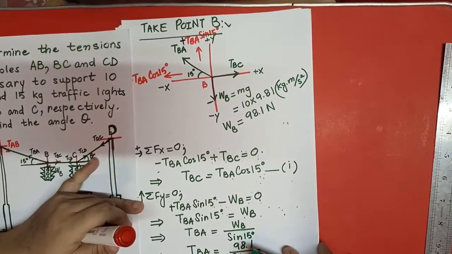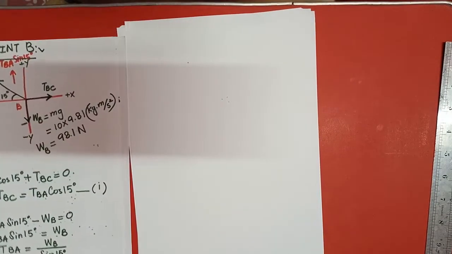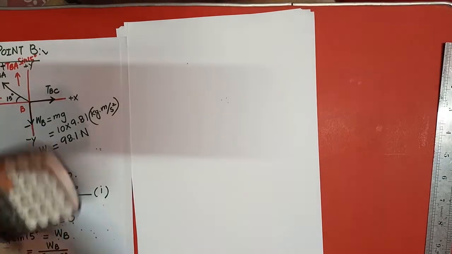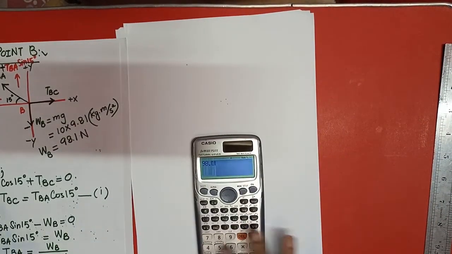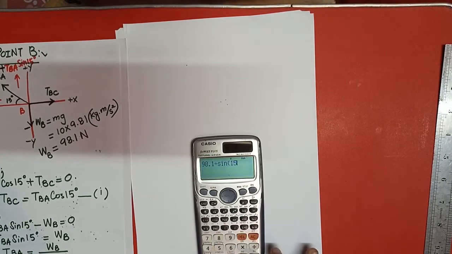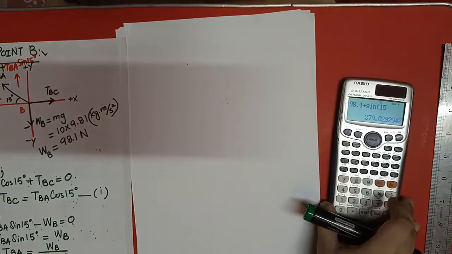So I have to solve it and calculate the value of TBA. I am taking out my calculator. This is 98.1 divided by sine 15 degree. So the answer will be 379.029.